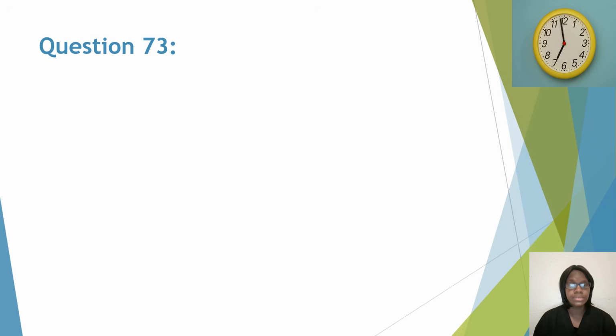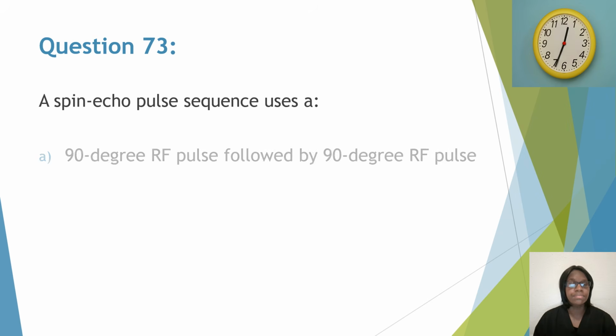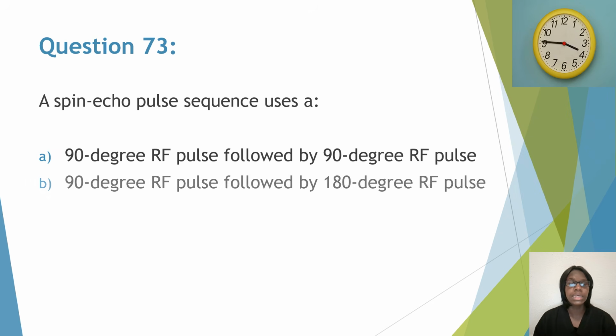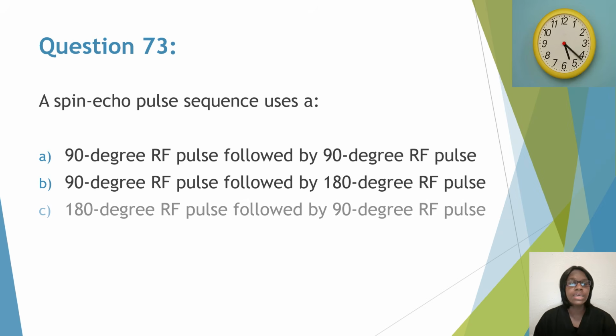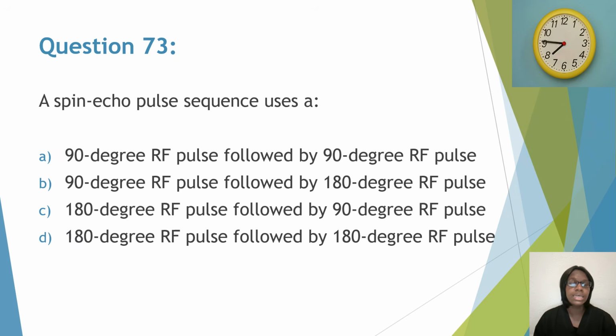Question 73. A spin echo pulse sequence uses a A, 90-degree RF pulse followed by 90-degree RF pulse, B, 90-degree RF pulse followed by 180-degree RF pulse, C, 180-degree RF pulse followed by 90-degree RF pulse, D, 180-degree RF pulse followed by 180-degree RF pulse.